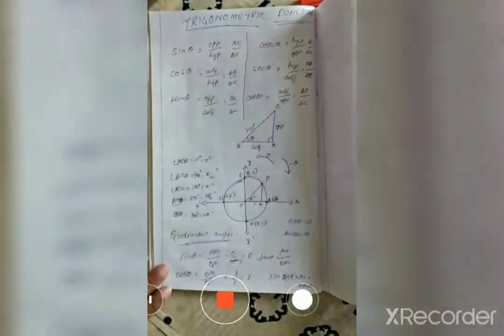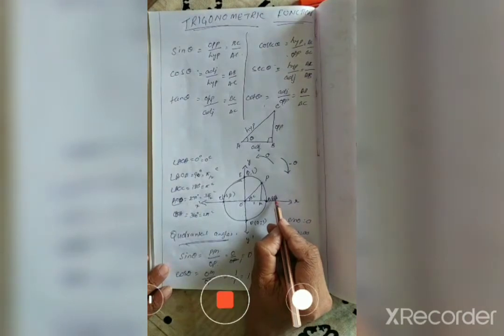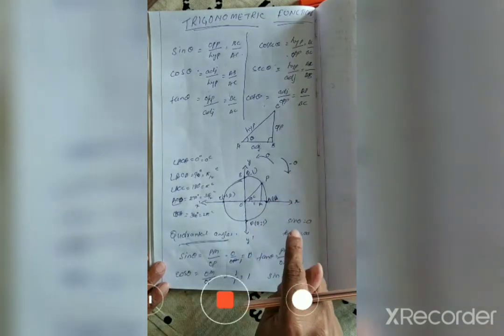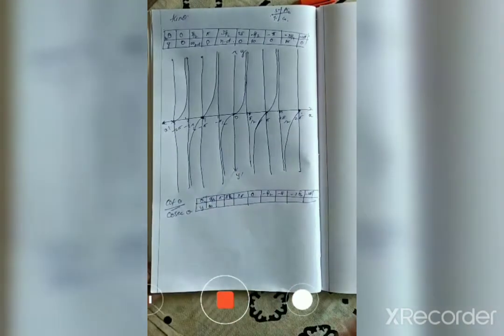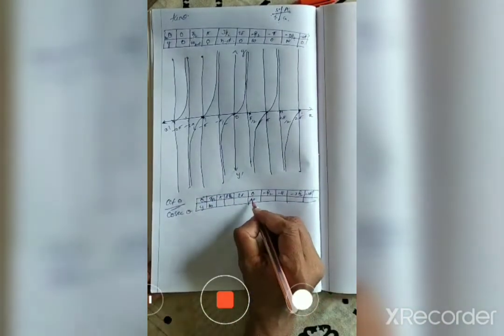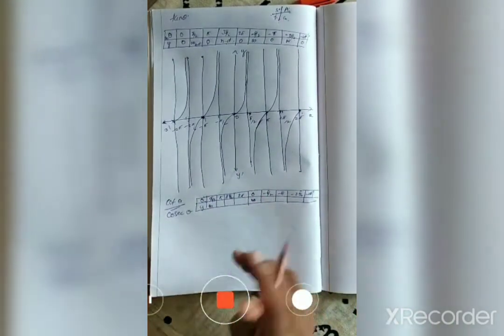You know cosecant is 1 by sine, the reciprocal. So sine 0 is 0, cosecant 0 is 1 by 0, which is not defined, infinity.